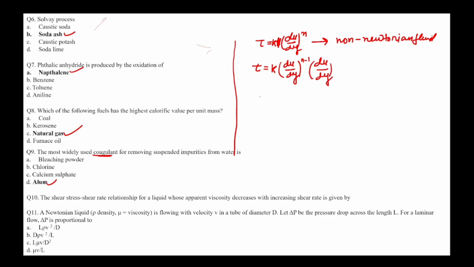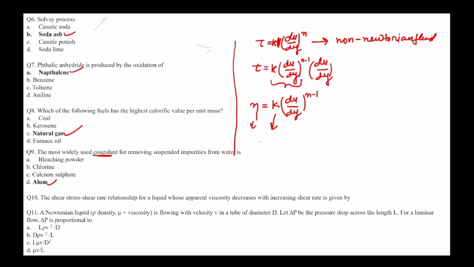Now this, k (du by dy) to the power n minus 1, is the apparent viscosity.